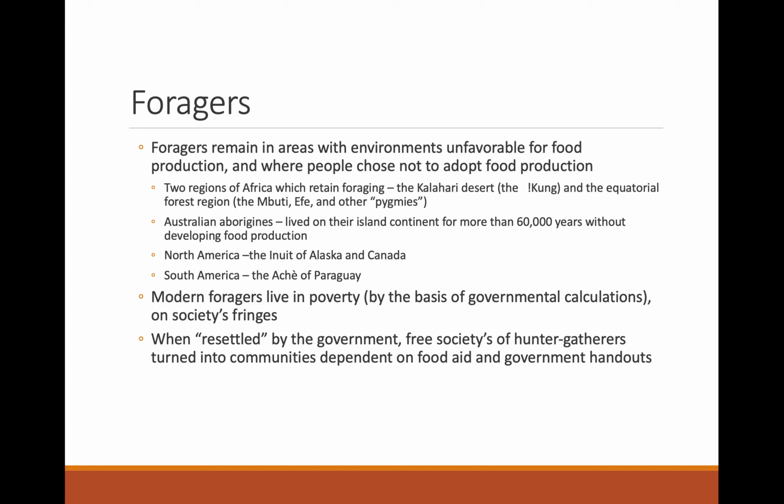And we'll use a film next week as we talk about foraging and the correlates of it that looks specifically at one of these Australian Aboriginal populations. So, no contact, no development of food production for about 60,000 years. It wasn't until Australia became a penal colony for the British that food production was brought to that continent.